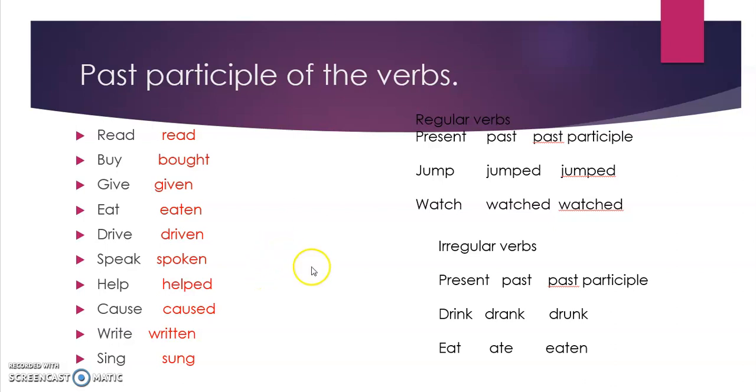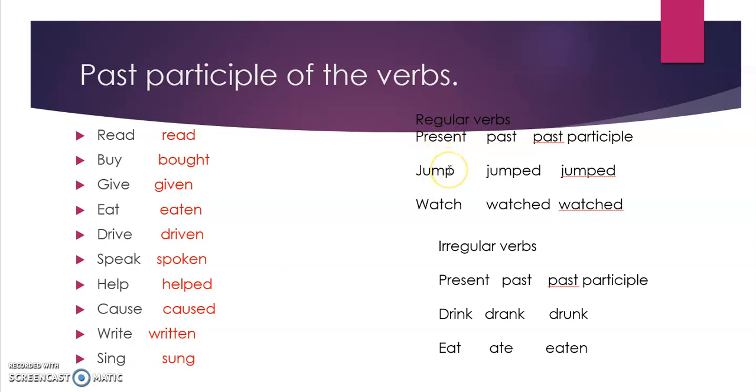The irregular verbs change in all three columns. In this case, you have here two examples. Irregular verbs in present: drink, in past drank, in past participle drunk. Eat in present, in past ate, in past participle eaten. Yes. Now, what happened with the regular verbs?